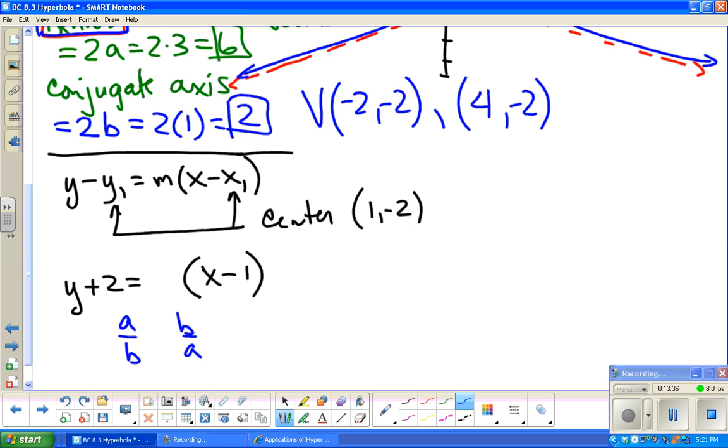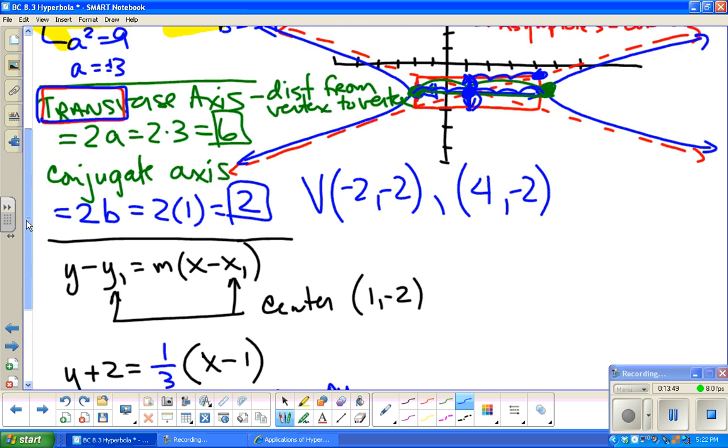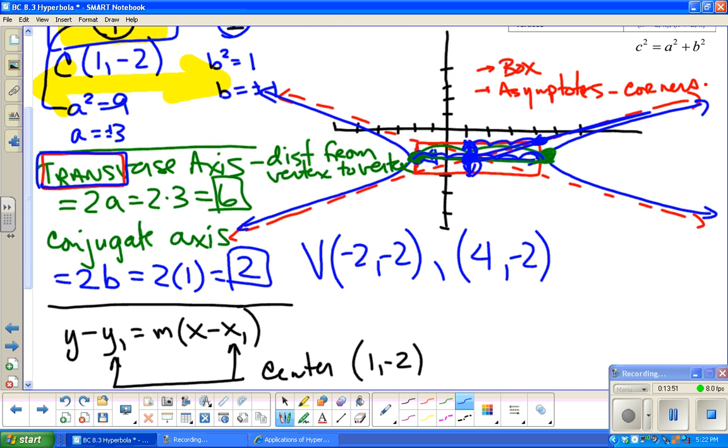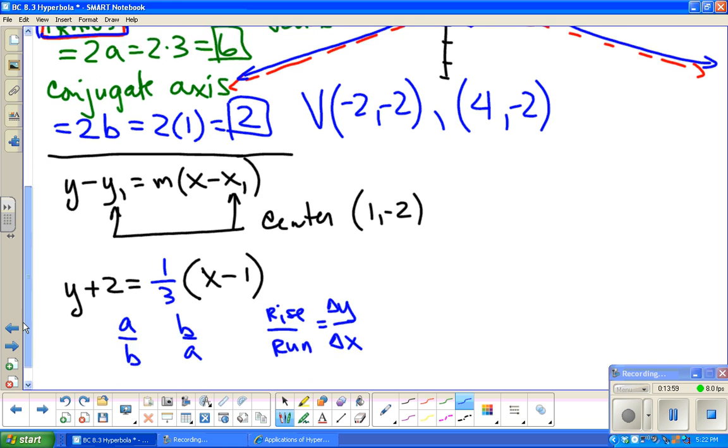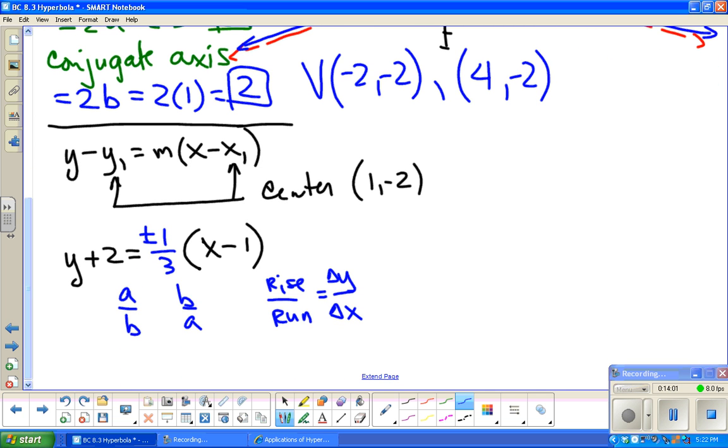Remember slope is rise over run, change in y over change in x. So we went up 1 and over 3. The slope for this one is 1 over 3. The slope for the other one will be -1 over 3. So I can write both of these by saying plus or minus. That's both asymptotes. I know most of you are saying, what just happened?